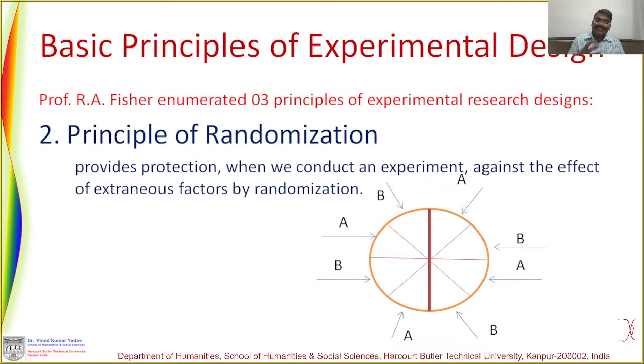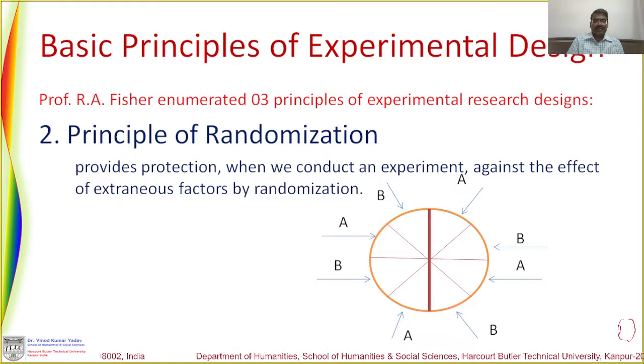So if you want to test that A performs better than B in the Kanpur market, the principle of randomization says you make many sub-markets or sub-segments, and then experiment with the products in a random way, not a systematic way, so that you can minimize the effect of extraneous factors, which in a market case may be demographic profile, living standard, paying capacity, or any extraneous factor.